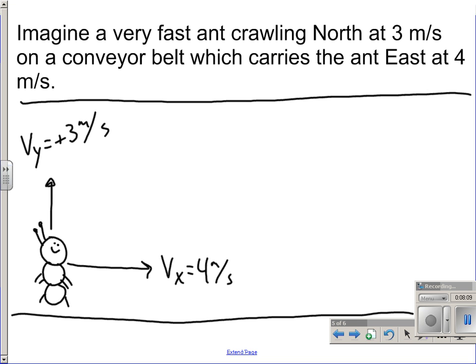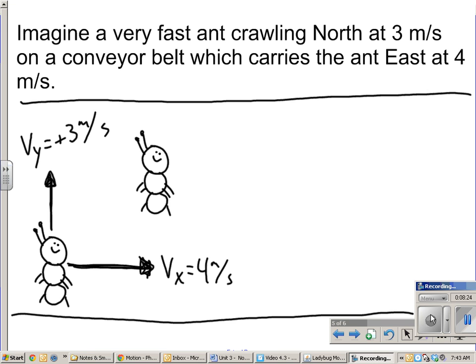So think about what's going to happen. In 1 second, he's going to move north 3 meters, and he's going to move east 4 meters. So after 1 second, my ant is going to be right there.